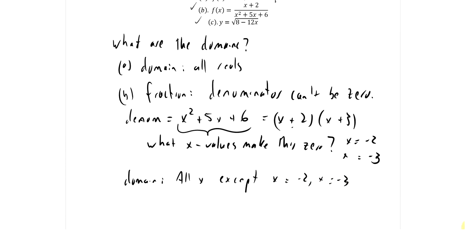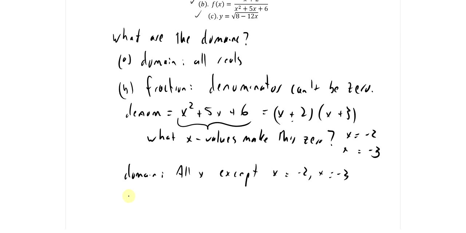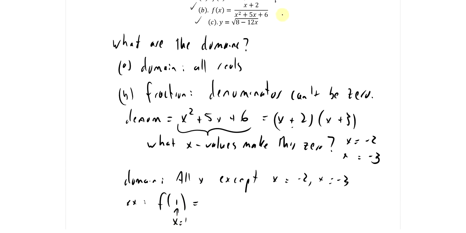So we can see this work, right? What's f of, say, 1? So what am I doing there when I say f of 1 written like that? Well, that means I'm plugging in x equals 1 into the formula, which is right up here. X plus 2 over x squared plus 5x plus 6. So if you plug in x equals 1, what do you get?